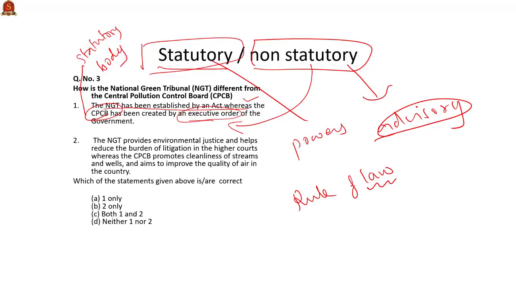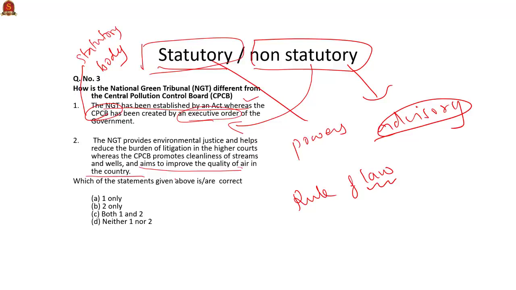Now there is an act, that is the Prevention of Pollution in Water Act. From that act only CPCB was created. Later on, the Prevention of Air Pollution Act also gave recognition and additional powers to the Central Pollution Control Board. So now the Central Pollution Control Board as an authority can give license to vehicles, it can seal certain institutions which are not adhering to pollution standards.